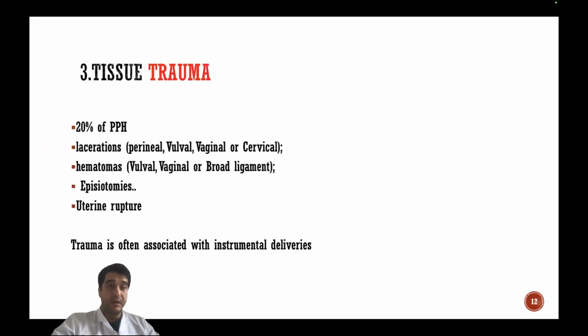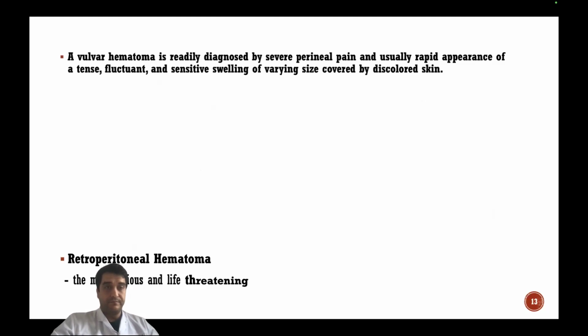Tissue trauma is about 20% of postpartum hemorrhage. Its location is peritoneal, vulval, vaginal, or cervical. Hematomas are vulval, vaginal, or broad ligament. Episiotomy and uterine rupture. Trauma is often associated with instrumental deliveries.